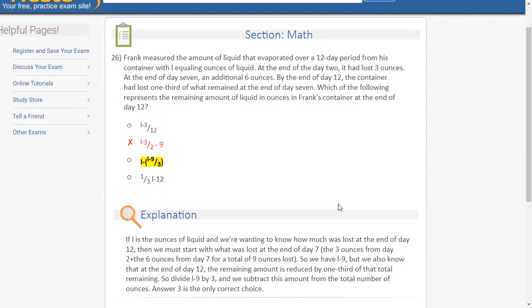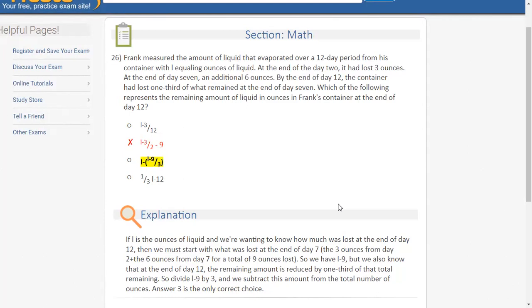That is given: the 3 ounces from day 2 plus 6 ounces from day 7, for a total of 9 ounces lost. So we have L minus 9.